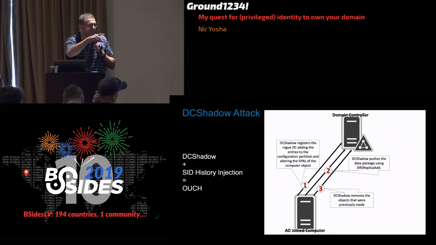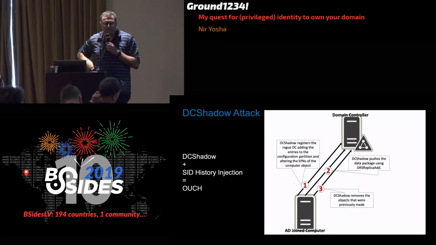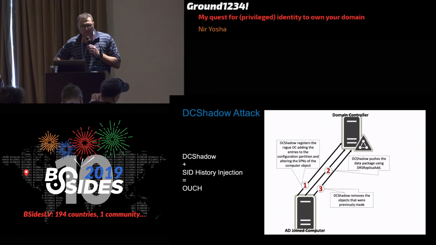A very good example of DCShadow: remember the SID history? How can we leverage both DCShadow and SID history? We can try to register a domain controller real quick, push one of the objects to include a SID history of a high privileged user, and then disconnect ourselves before being detected.